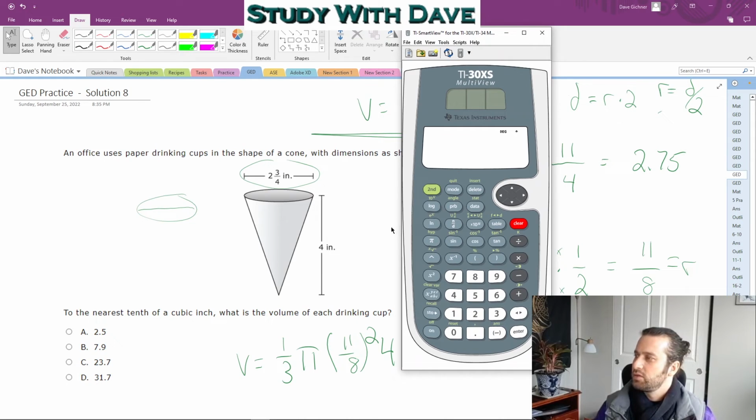So we'll just do 1/3 times pi, or you can just say 3.14, times, now this has to be in parentheses, 11/8 quantity squared, times 4.